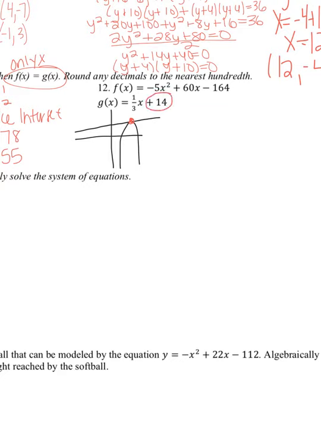So I knew I had to increase the y max. That way I would make my graph go up higher. So if your window is normal, and you just change your y max to be a 20, you'll see the parabola and the line where they meet. They only have one intersection point because they are tangent to one another, and that intersection point is at 5.93. That is your answer to number 12.